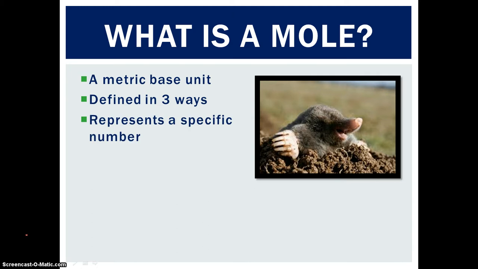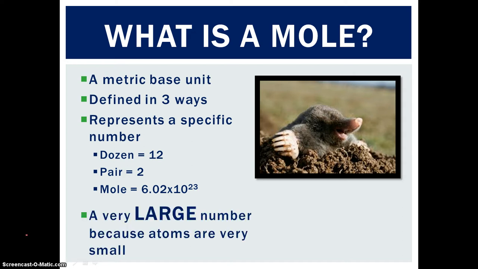It represents a very specific number in the same way that a dozen represents 12 and a pair represents 2. A mole represents 6.02 times 10 to the 23rd, which is a very large number because atoms are very small.